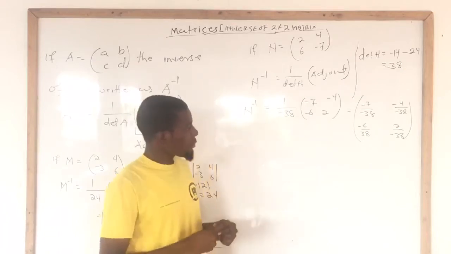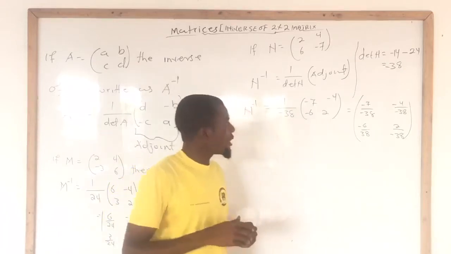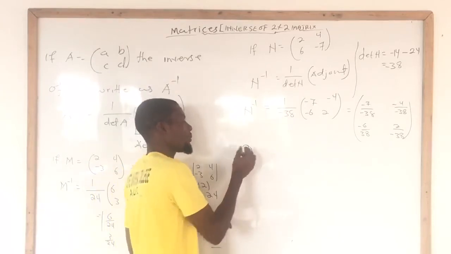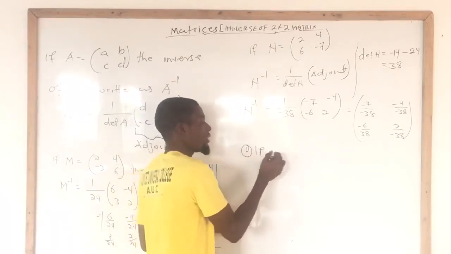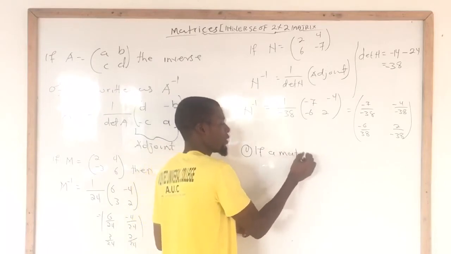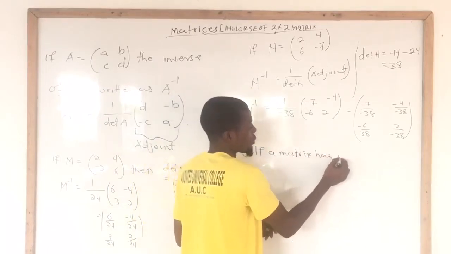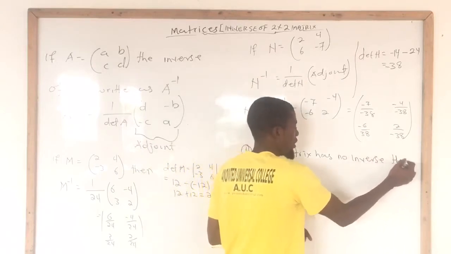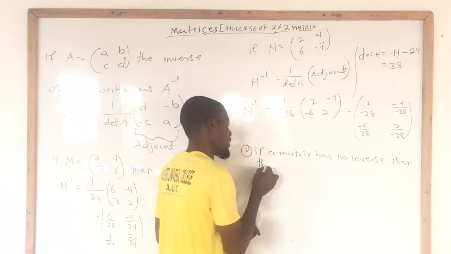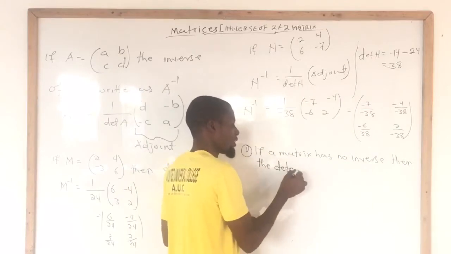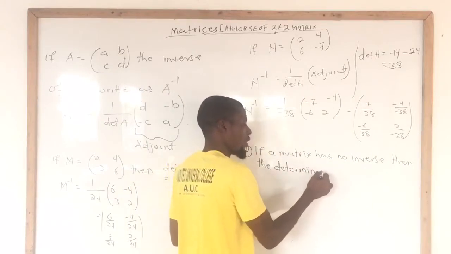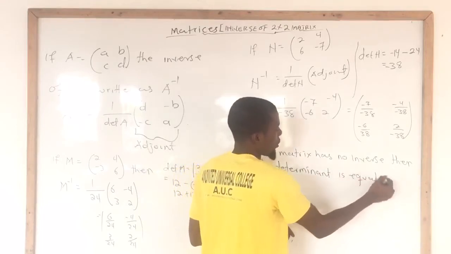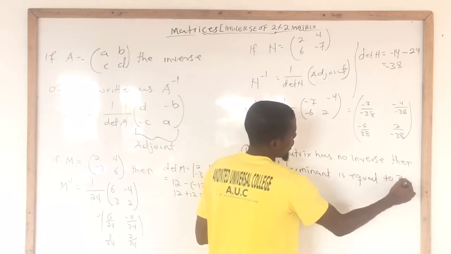Alright? Okay, now there are some few things I want you to note. Number one, if a matrix has no inverse, then the determinant of that matrix is equal to 0.